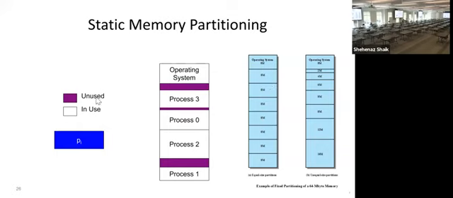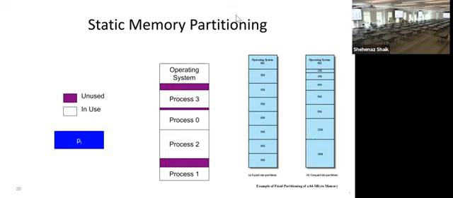Whenever there is a request from some process of some size, of all the available partitions in the physical memory, we should be able to find an appropriate one, and then load the process in that selected partition. Okay, so that's the concept of static memory partitioning.